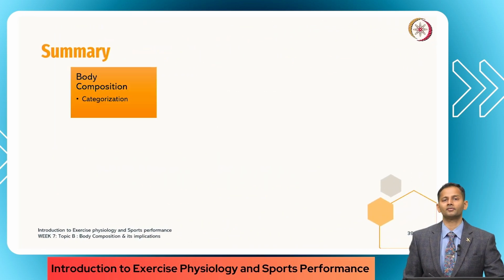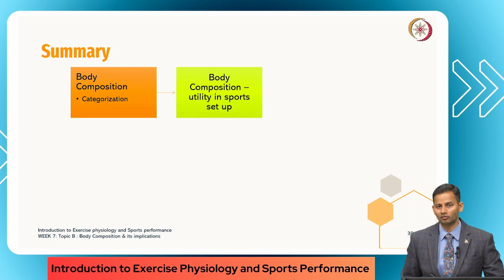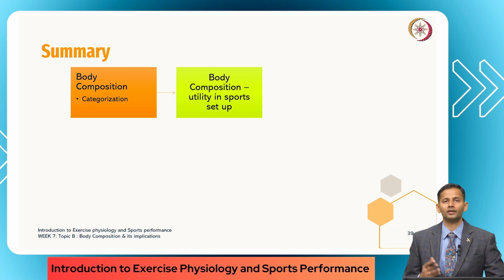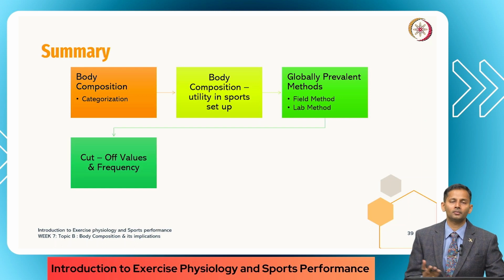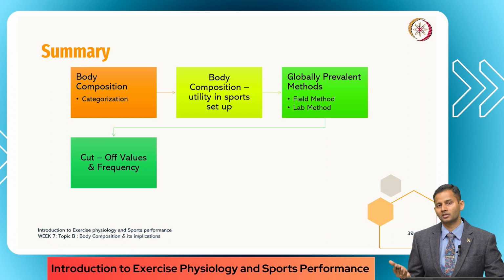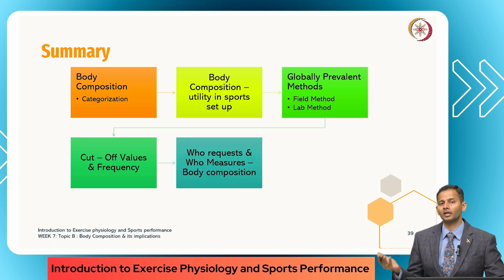So to summarize, we saw the various categories of body composition, the methods that are available, how they differ with respect to utility in a sports setup, and the prevalence of these methods, predominantly the field method and the lab method. We discussed each of them, and we saw also the cutoff values and the frequency at which body composition is being done.